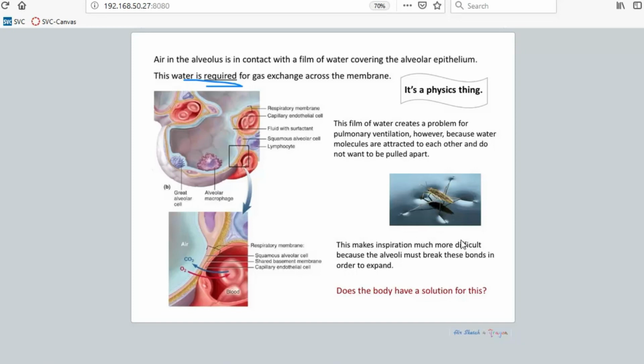But this film of water creates a problem, okay? And the reason is because these water molecules are attracted to each other. They have hydrogen bonds that attract water molecules to each other, and that creates surface tension.